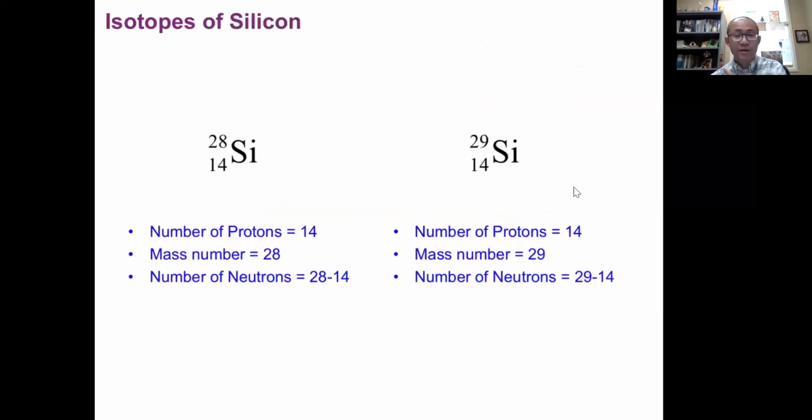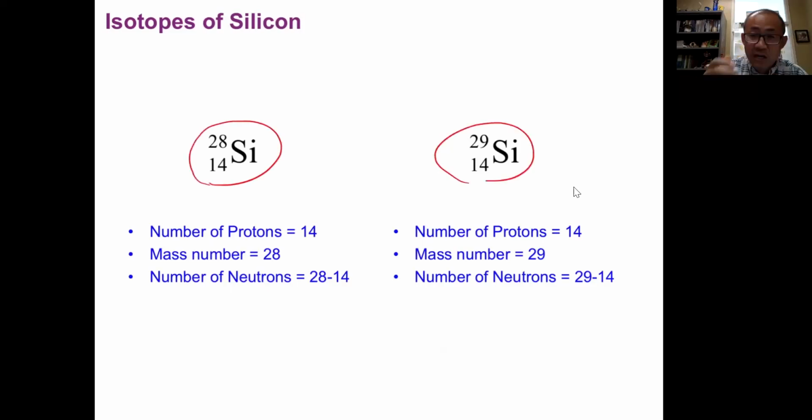Here is more practice showing you the isotopes of silicon. You can see the notation we just talked about: the symbol, the subscript, and the superscript. The symbol is silicon. The subscript is the number of protons. Both silicon isotopes have the same number of protons, 14, because silicon is element number 14 on the periodic table.